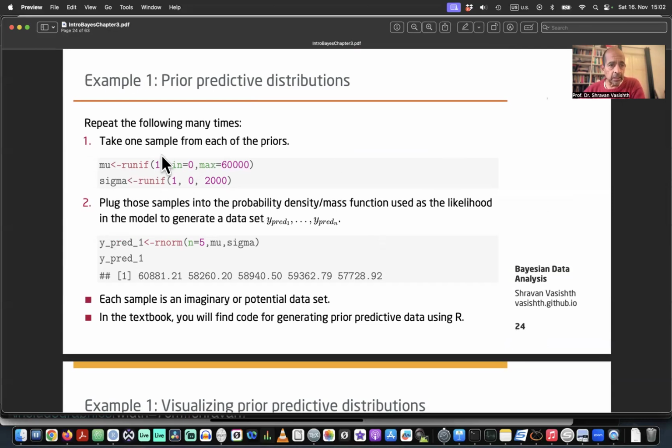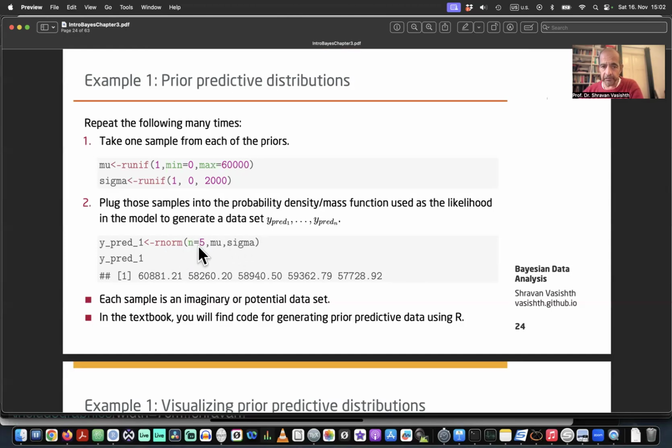We're going to take one sample from each of the priors. Here's the runif function that is used for generating one sample from the priors for each of the parameters, and we plug those samples into the probability density or mass function. In our case, it's the rnorm function. We plug in those mu and sigma, and generate n data points.